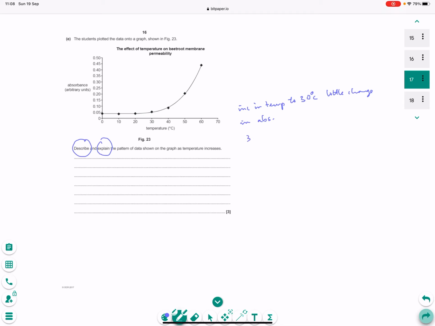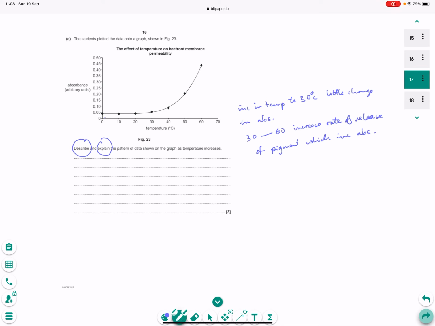And I guess you say from 30 up to 60, increasing rate of release of betalain, or just say pigment, which increases absorbance, something like that.